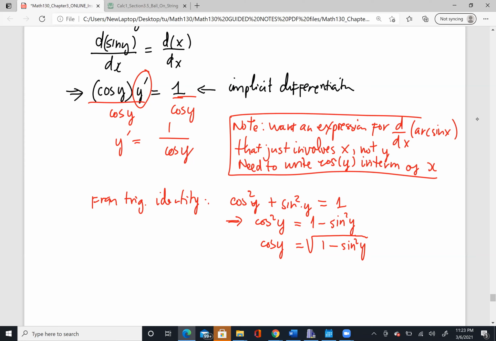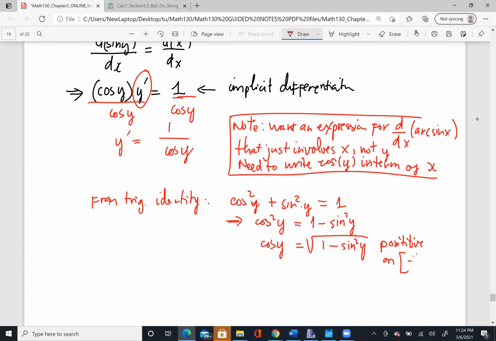And this will be positive on the interval from negative pi over 2 to pi over 2, right?